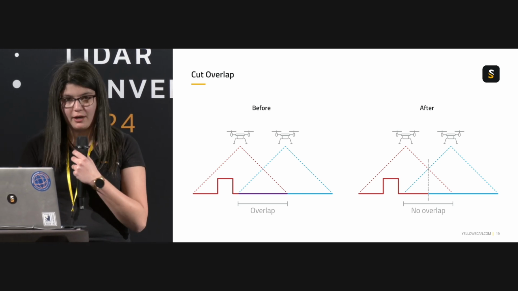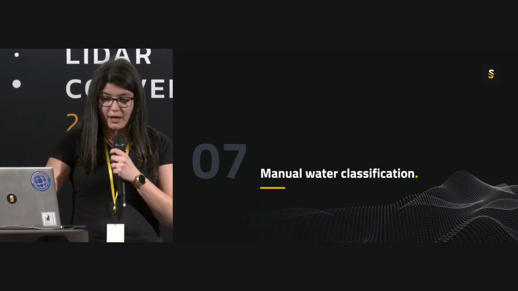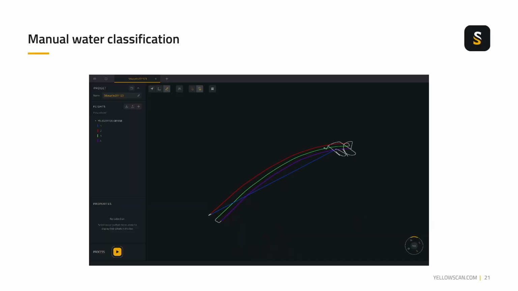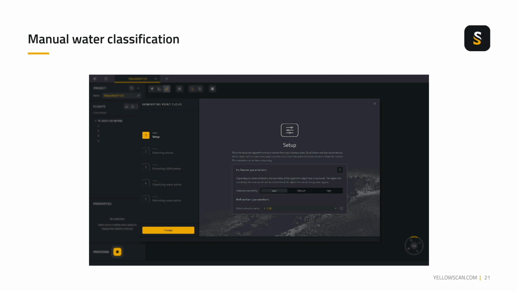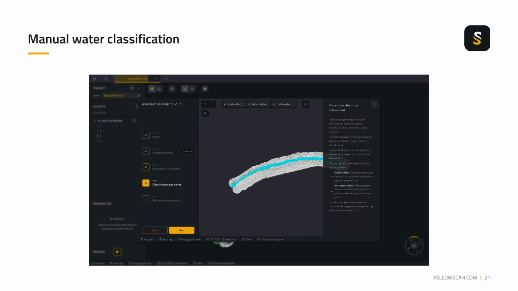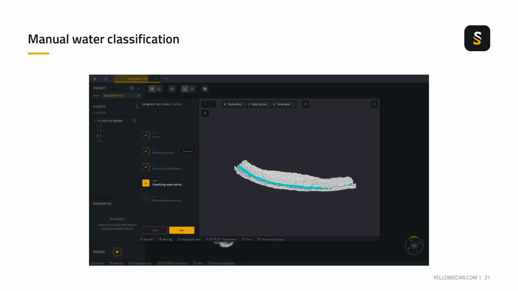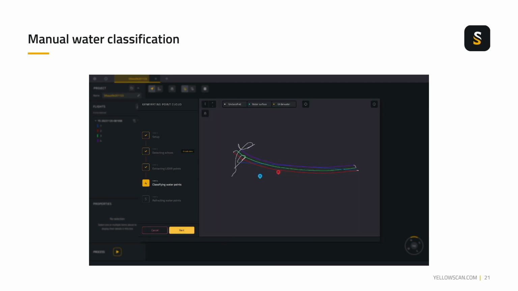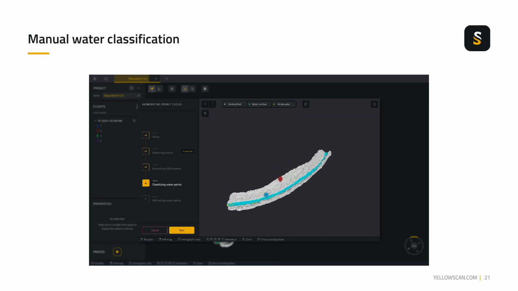Next, and you might have seen it earlier, we have the manual water classification. So when you're using a bathymetric LiDAR, once you've extracted all your echoes, the CloudStation goes through a water classification algorithm, and once it's done, you can see the results, and if there are some mistakes, well, you can immediately add different constraints and refresh, and the CloudStation will classify again, taking into account the new constraints you've added.